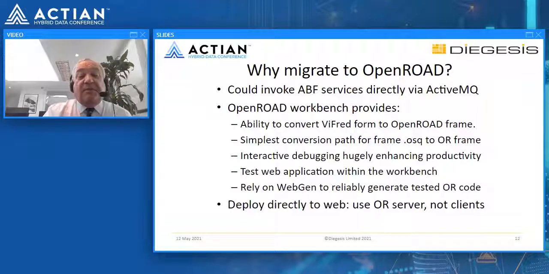And the other point is that though you are migrating to OpenROAD, there is a cost in that, of course. We need to buy OpenROAD server. You may already have that. If you have, great. But if we're going directly to the web and not actually deploying OpenROAD client applications, then you don't have to carry the cost of the OpenROAD clients on every desktop.